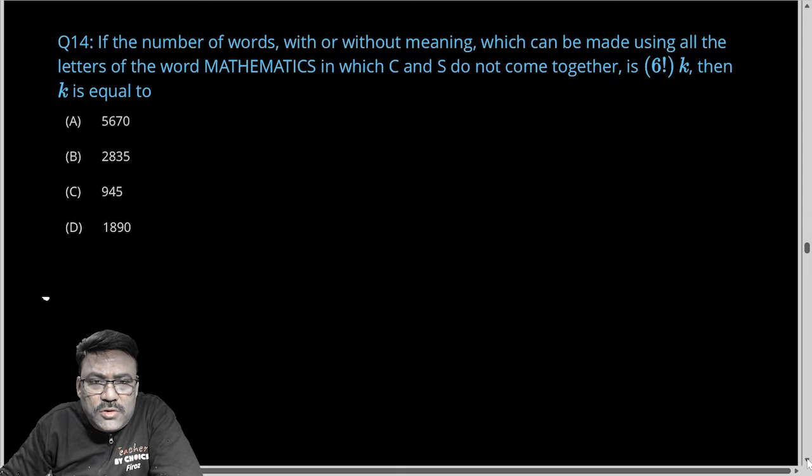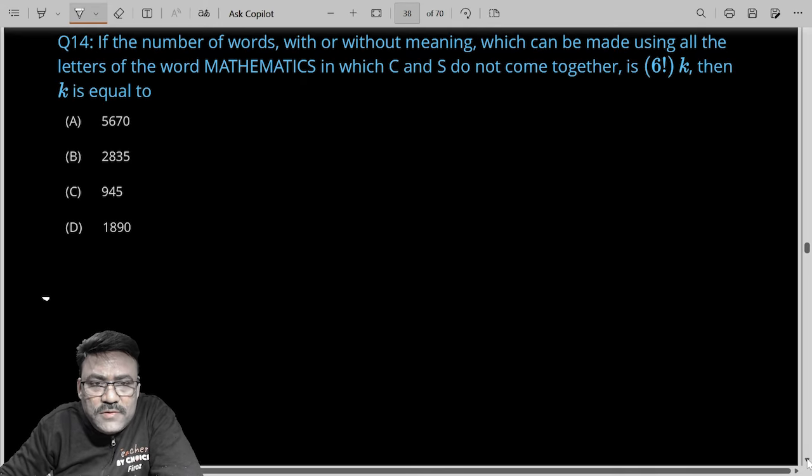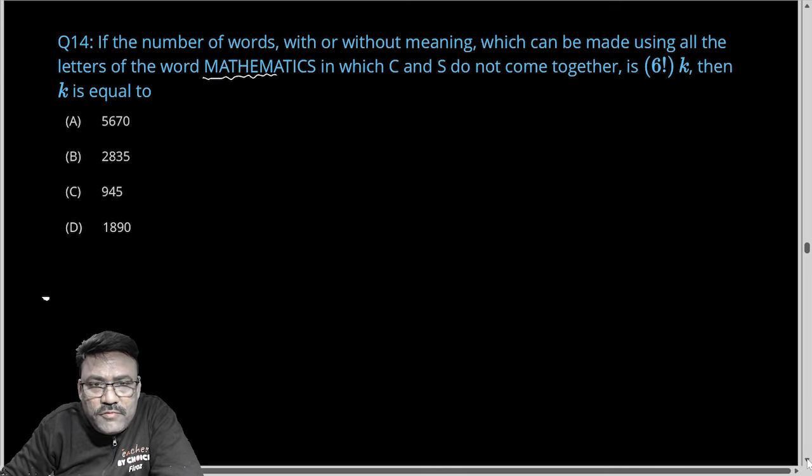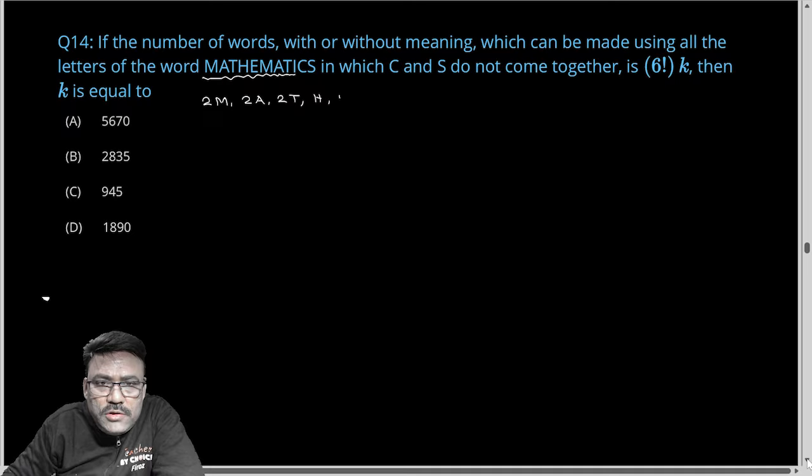So let's arrange all the letters except C and S. Except C and S, how many letters do we have here? You have 2M, then 2A, then 2T, then H, E, I. How many letters?